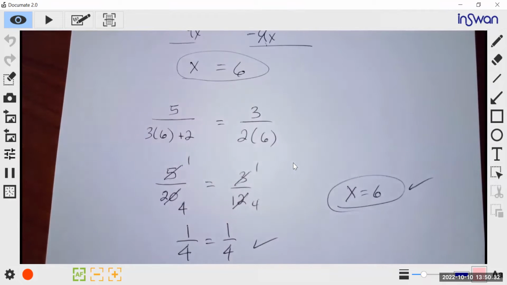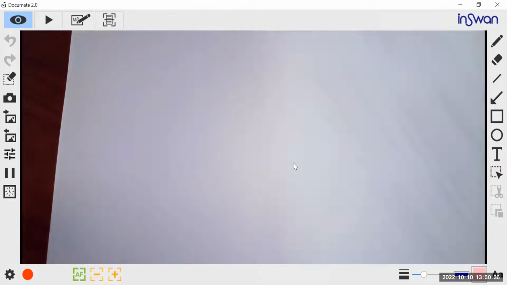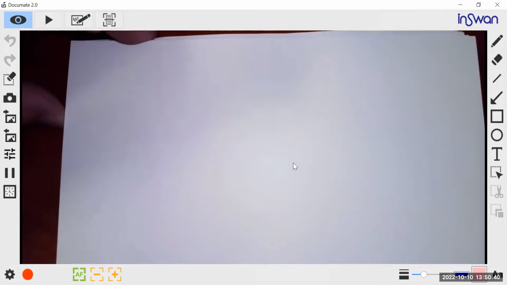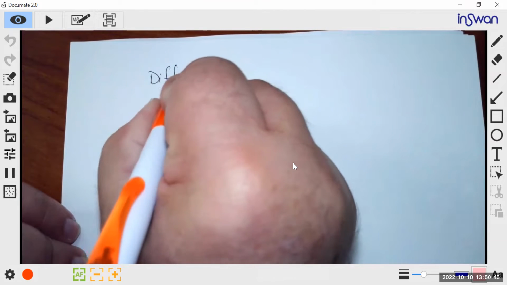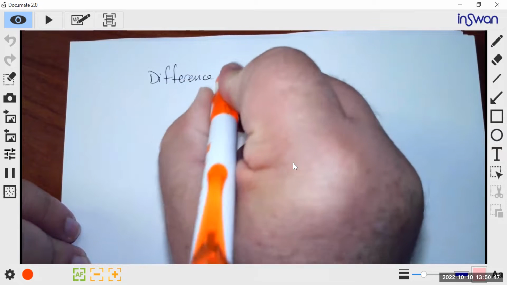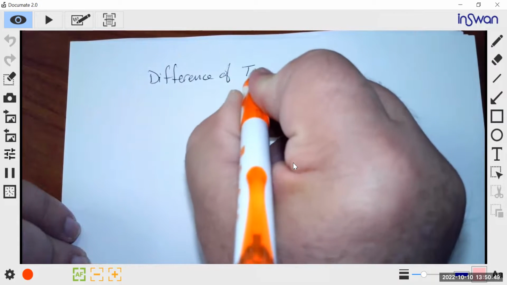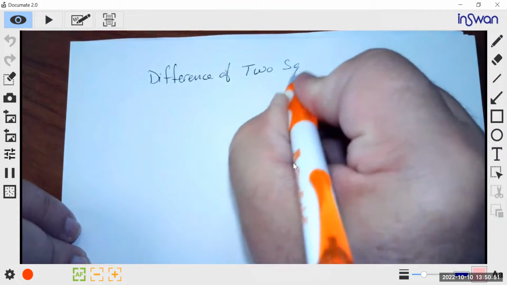Now we're learning about this x's on the bottom stuff. I have to teach you one concept here. It's called the difference of two squares.